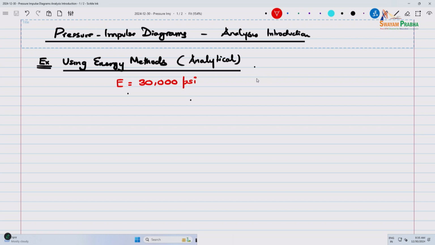And so let's consider steel as a material here. The unit weight of steel is 500 pounds per cubic feet. Now for rho, we have to consider, this is the thing I'd like to point out, the mass density.